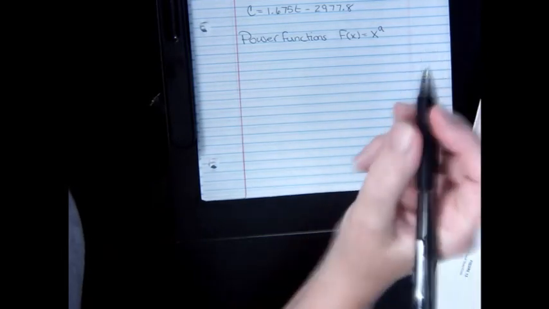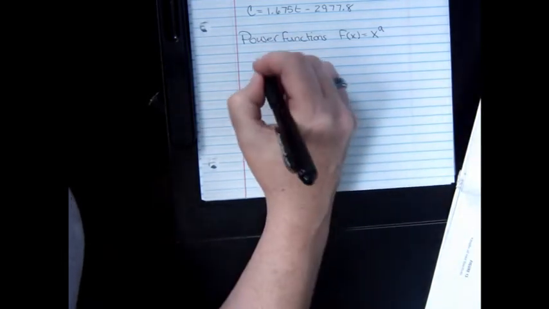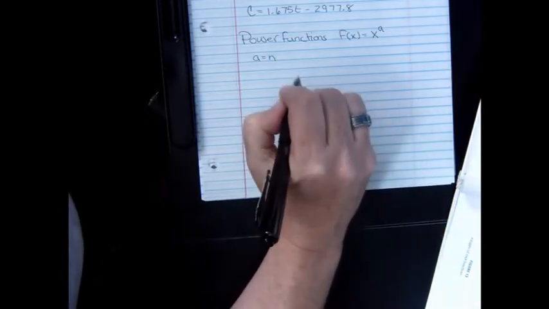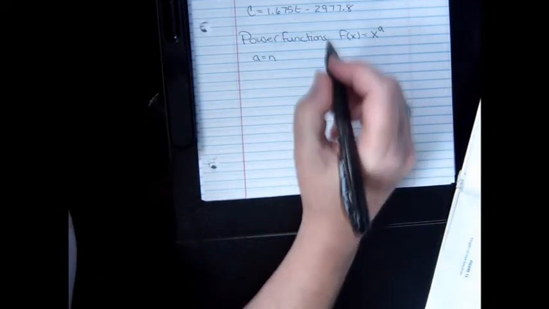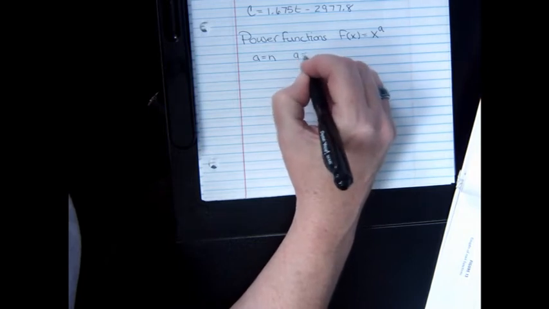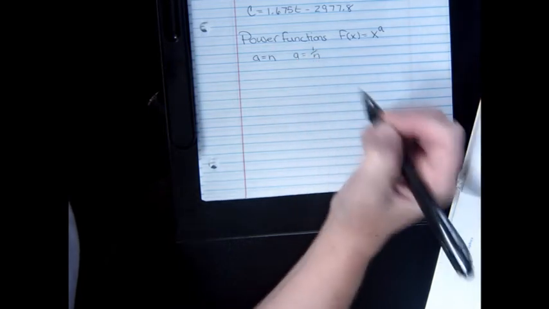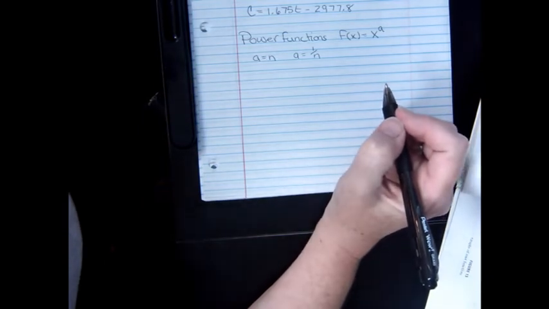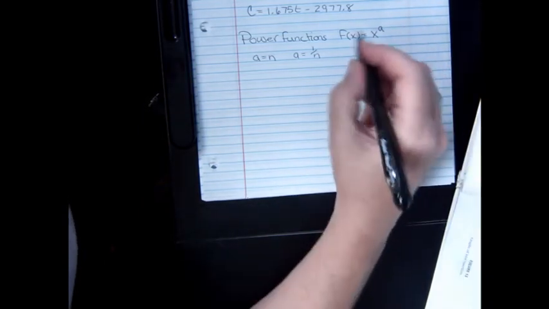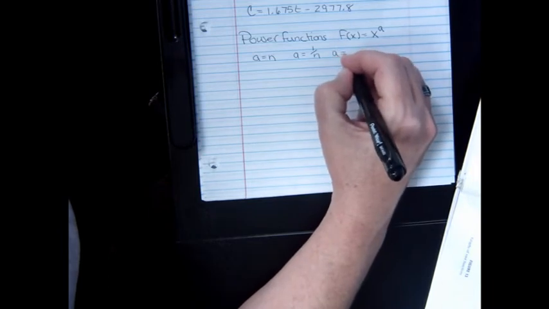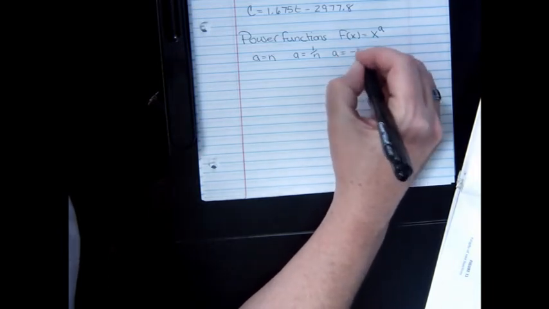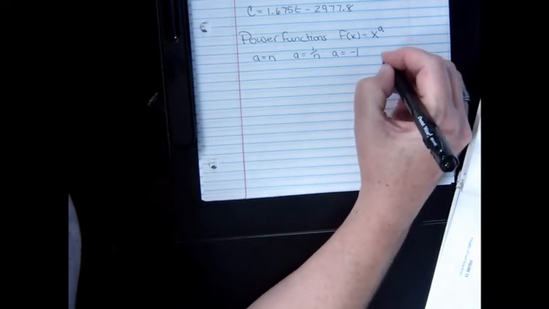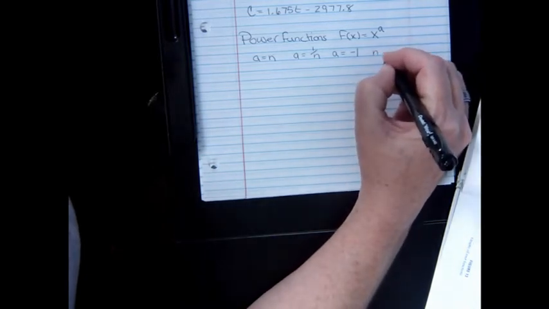Now, a might be n, just a positive number. A might be 1 over n, which is a fraction, still positive. Or a might be -1. And again, we're going to say in this, n is positive.